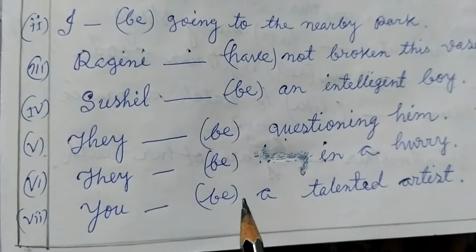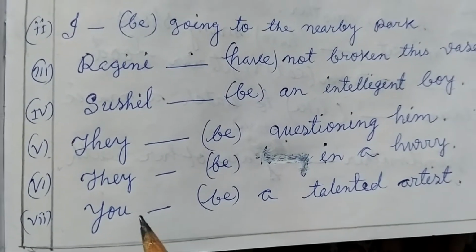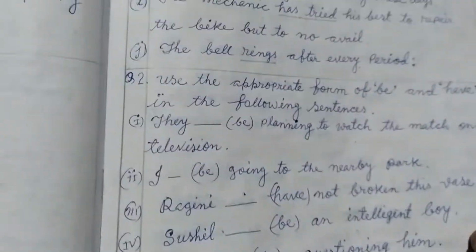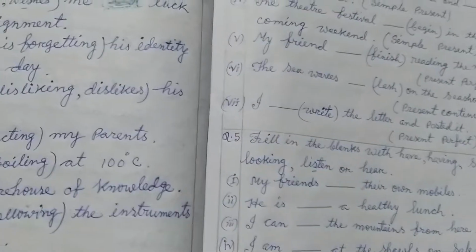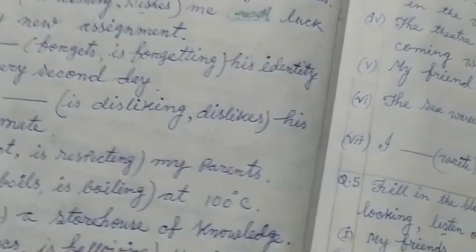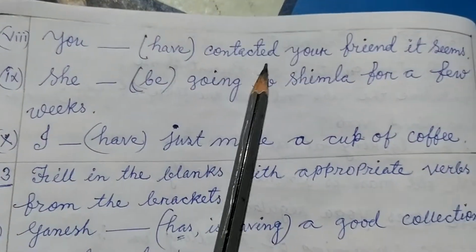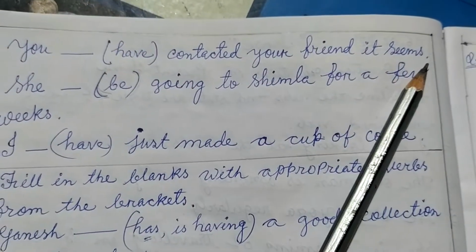Number 7, you dash be a talented artist. So students, it is also simple present tense. You are a talented artist. Now students, number 8. You have contacted your friend, it seems.